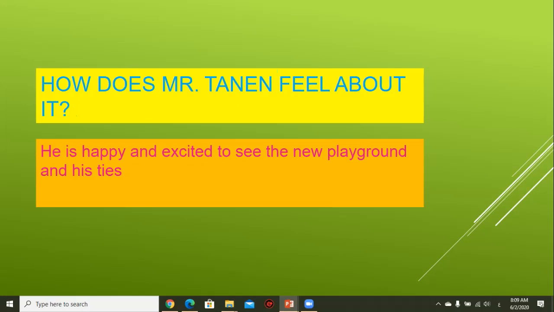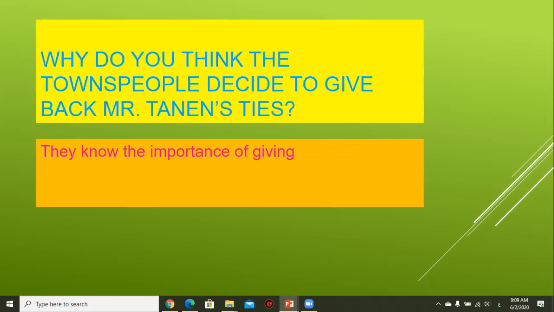How does Mr. Tannen feel about it? He is happy and excited to see the new playground and his ties. Why do you think the townspeople decided to give Mr. Tannen his ties back? They know that his ties are so important to him, so they want to please him and say thank you.